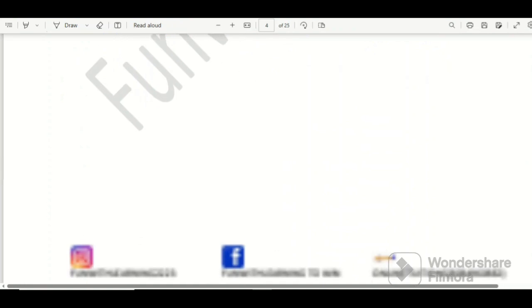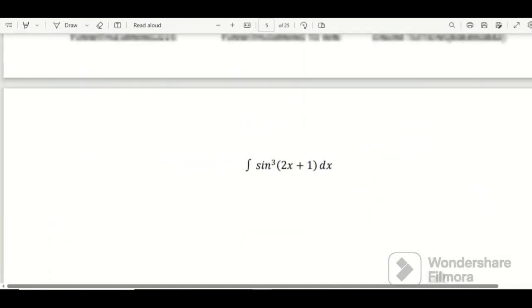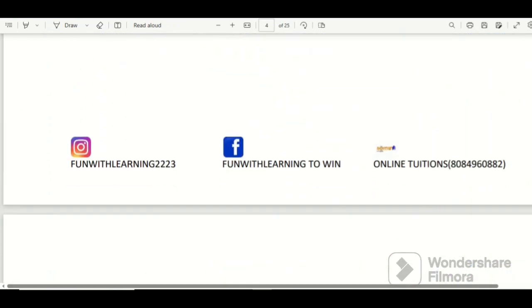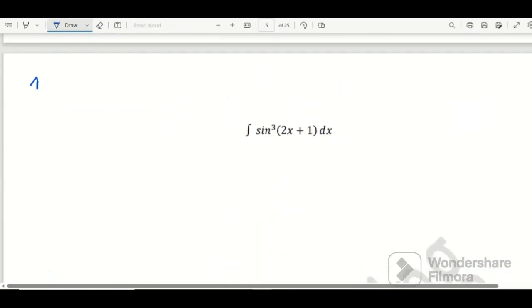So now we are moving on to the next question. This was third and this is fourth number. Here we can apply a trigonometric identity consisting of sine cube x. Sine 3 theta was equal to 3 sine theta minus 4 sine cube theta.